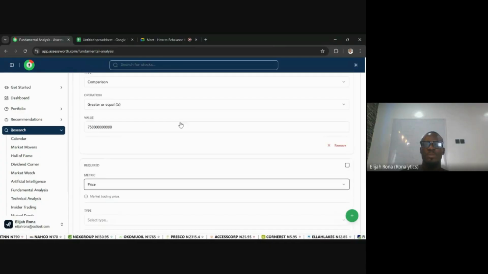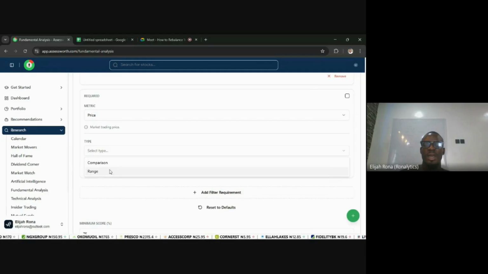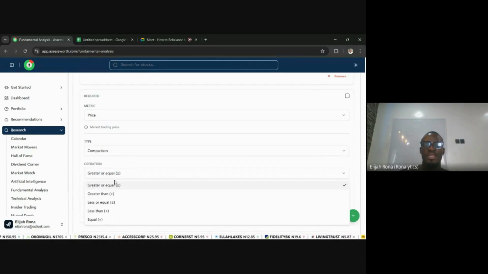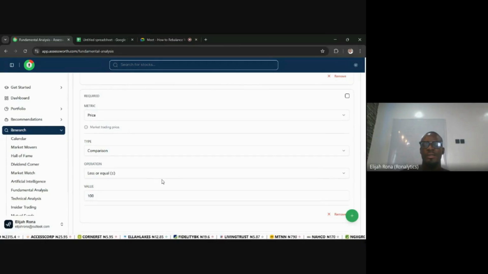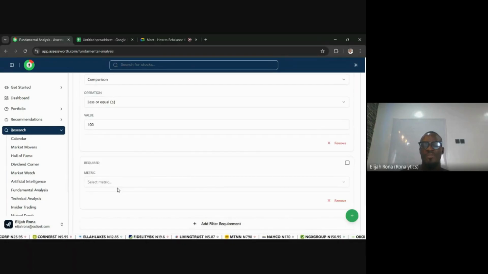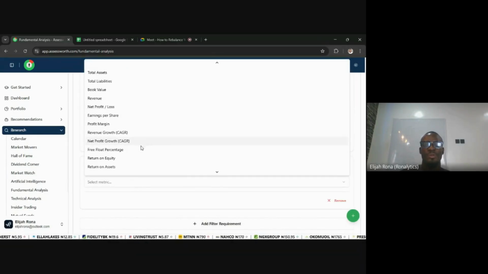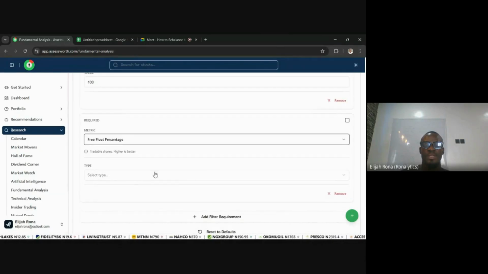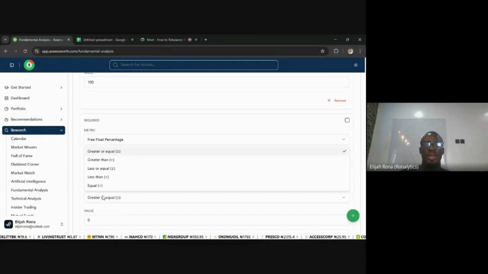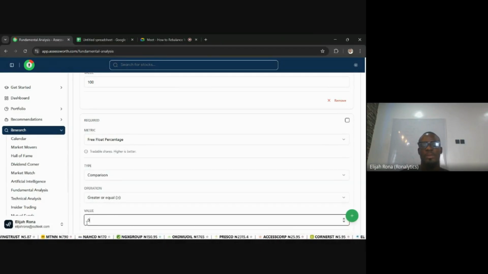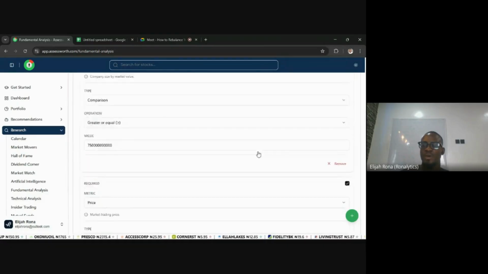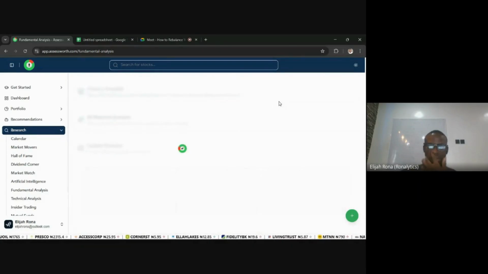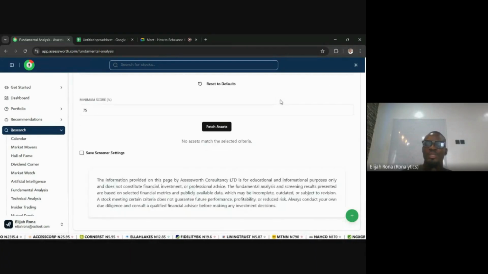So we say market cap greater than 750 and price less than or equal to 100. Then maybe we could also add free float percentage, greater than or equal to 20. Make all of them required. So if all is required, then it's only companies that pass all of that you will see. When you fetch, you see the companies that fit.